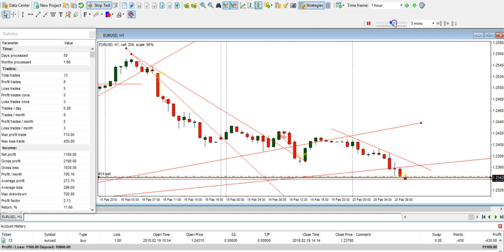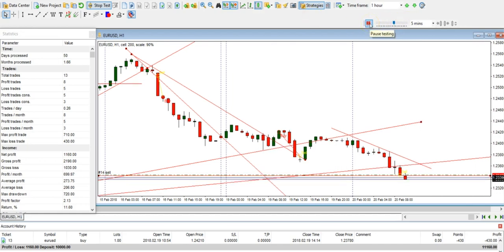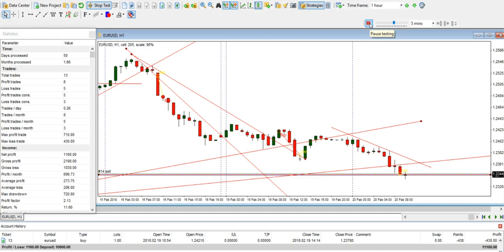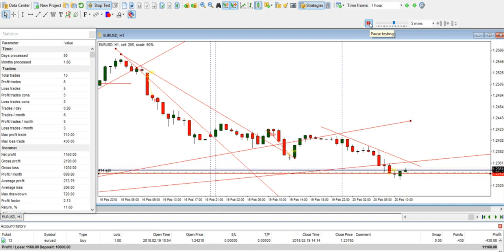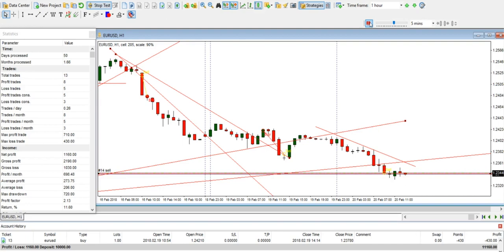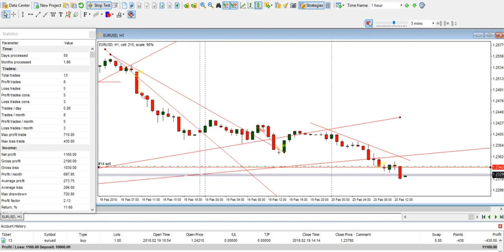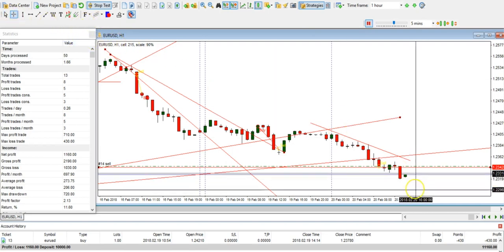We don't have a buy line penetration yet. Okay, so just have a look at that. It's around about 3 p.m.